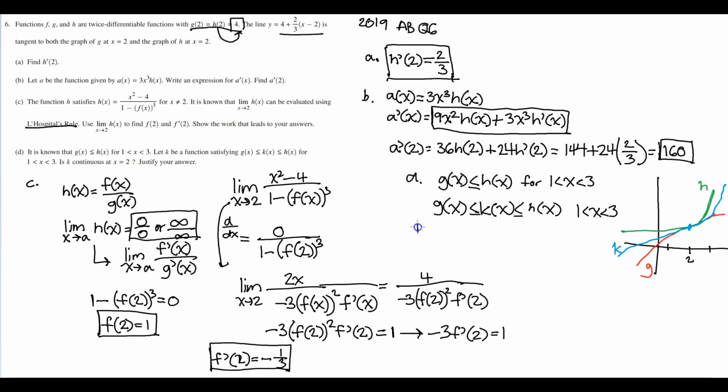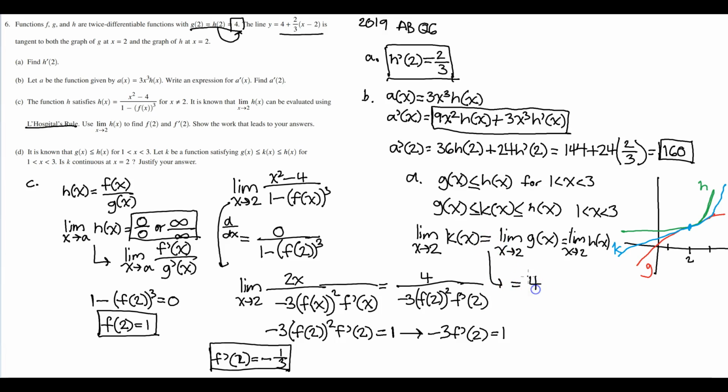Then the limit as x approaches 2 from both sides of k of x equals the limit as x approaches 2 of G, as well as the limit as x approaches 2 of H. So we know that this limit is equal to 4.